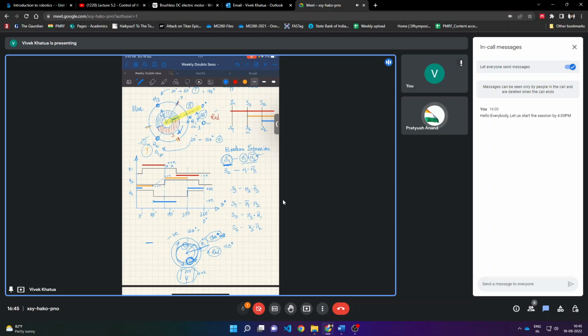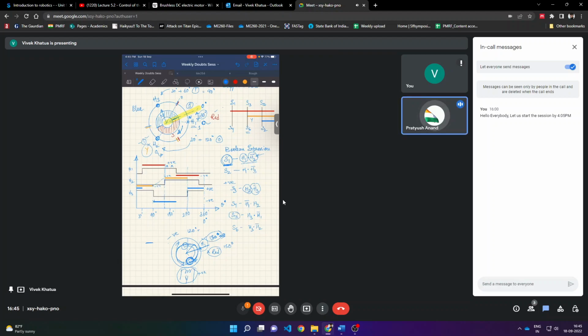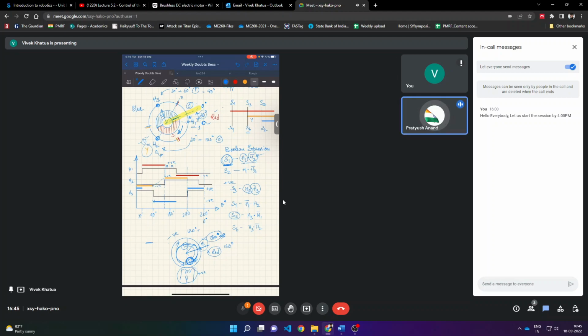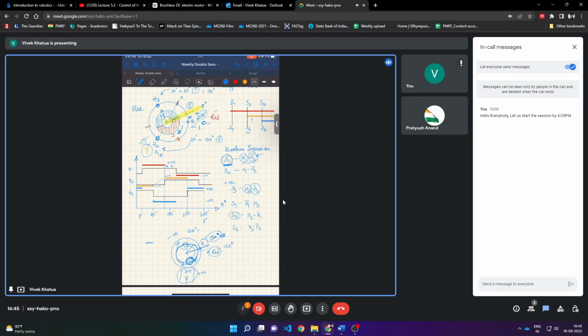Same if we look for another coil, positive leg, you will have H2. It is at H2 and it is trying to go to H3 bar. And then it depends on the position of the rotor, North pole and South pole, with respect to the Hall sensor. So now you'll have S5, which will be H3 dot H1 bar.